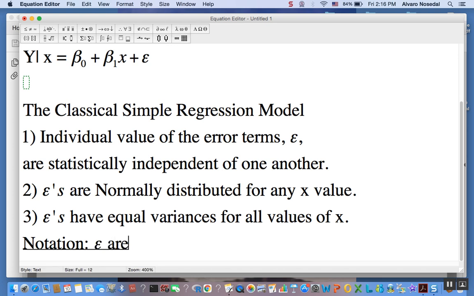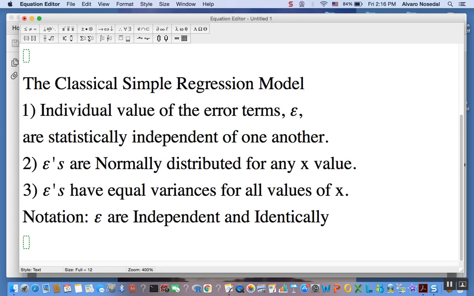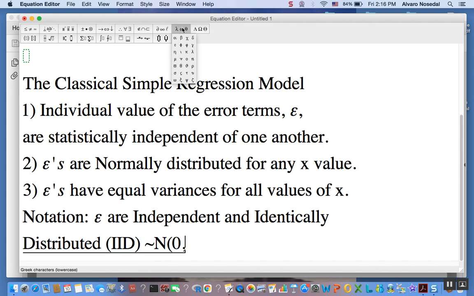Epsilons are independent and identically distributed, IID, and we are going to have a normal distribution with mean 0 and a common variance sigma square.